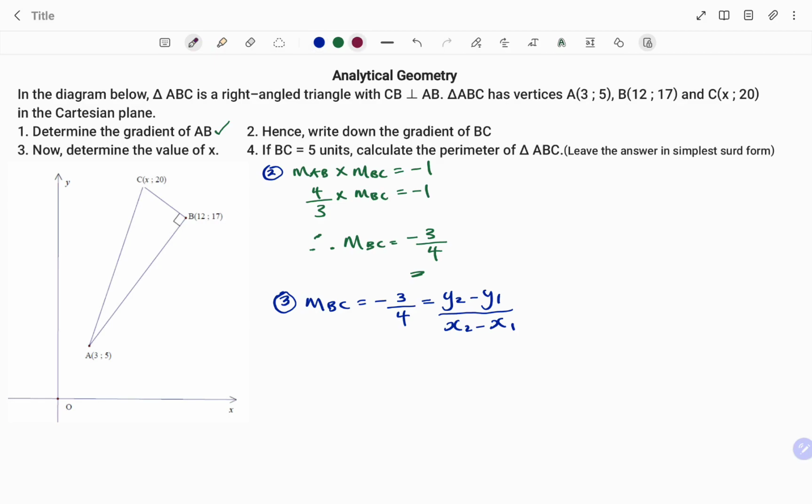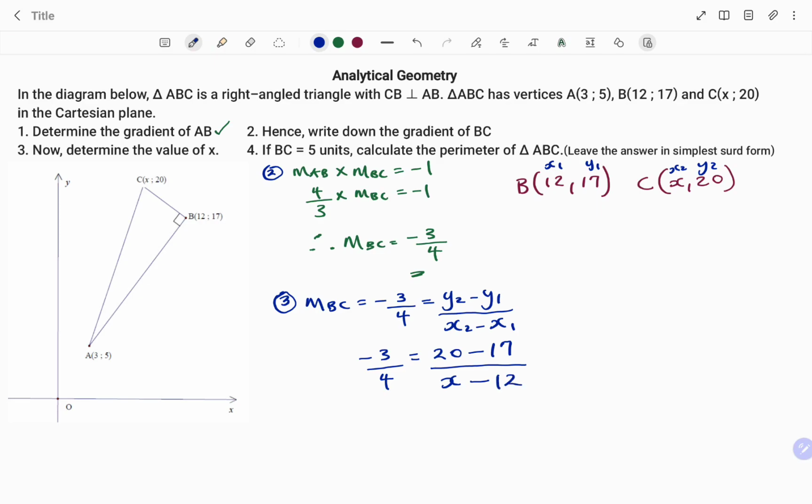The coordinates of B are (12, 17), and the coordinates of C are (x, 20). If I tag that as x1, y1, x2, y2, then putting in the parameters, I have -3 over 4 is equal to y2, that's 20, minus y1, 17, over x2, x, minus x1, 12.